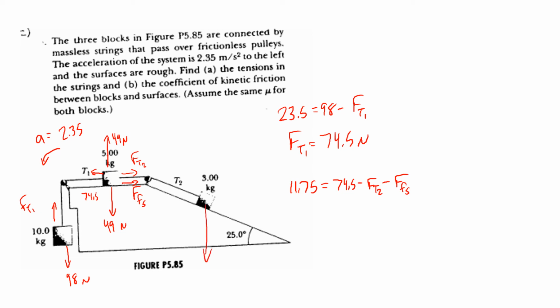So 3 times 9.8 is 29.4, 29.4 newtons. So there's going to be some of this action here, 25. Alright, so that times sine of 25 degrees is going to be 12.4. 12.4.